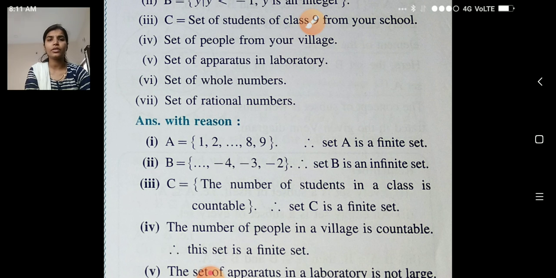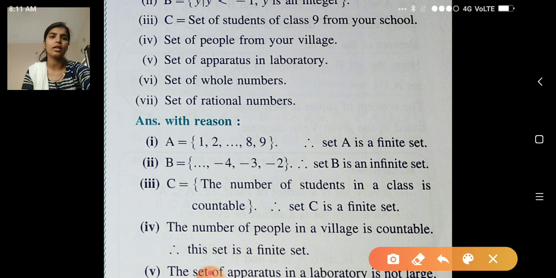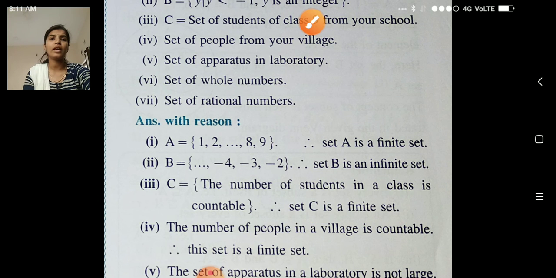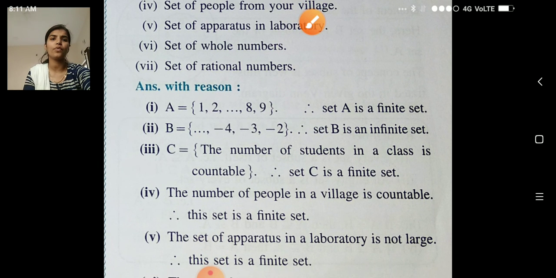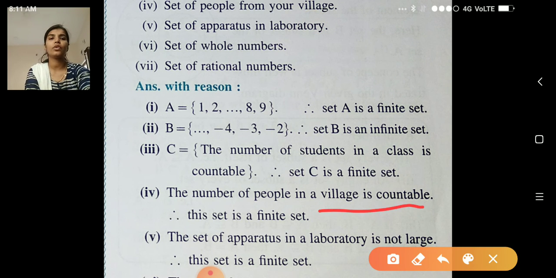The number of students in the class is countable. We can count it; in our 9th class we have 21 students. So set C is a finite set. Then next, the number of people in your village is also countable. So that set is a finite set.